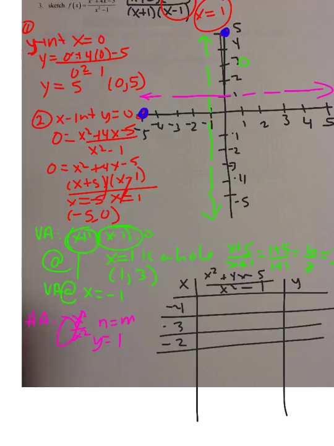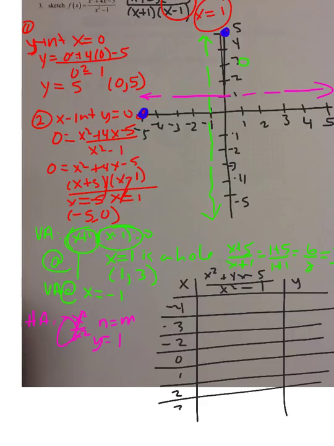I'm not going to do negative 5 because I already have it. I need 0, 1, 2, 3. Okay, so now let's start plugging it in. For the first one, negative 4: 16 minus 16 minus 5 over 16 minus 1. That comes out to negative 5 over 15, which is negative 1/3.